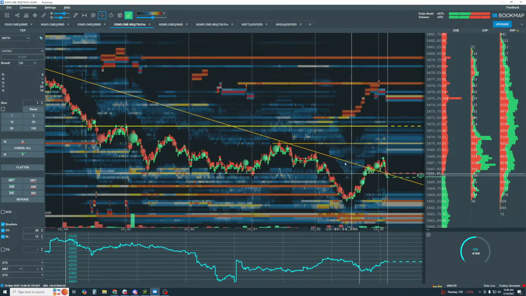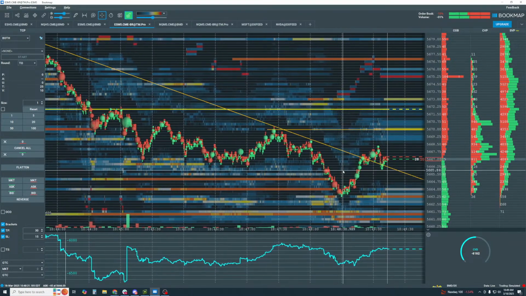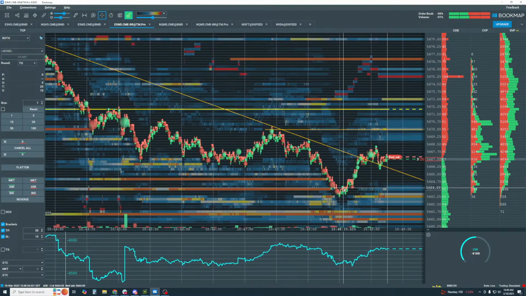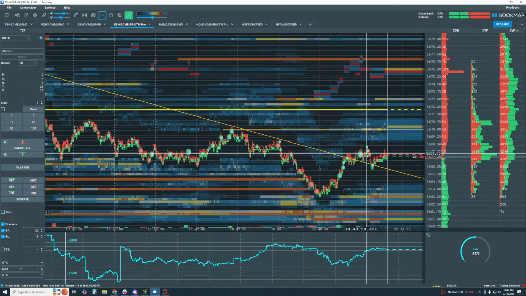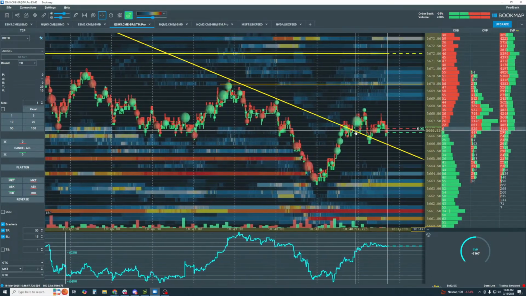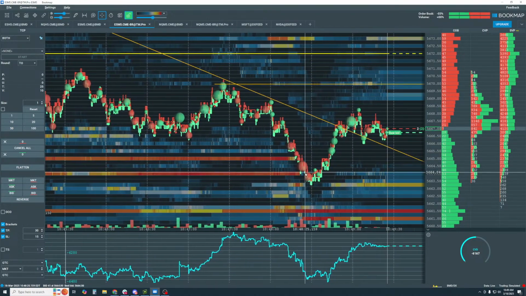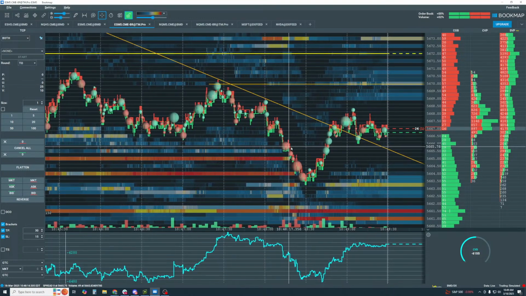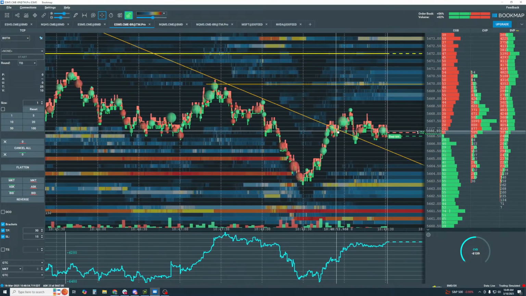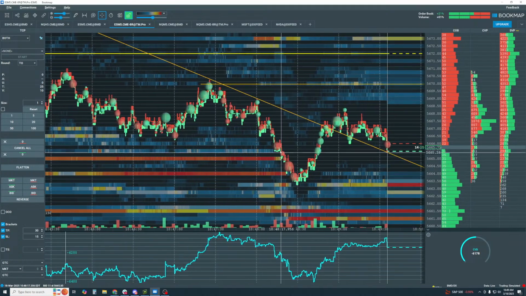Now I'm looking for a low volume pullback in this area here, except there's a few caveats. We're getting back down to low of day, and now look at the buying coming in. This is not a low volume pullback. This is back and forth right now. Look at the dots, the color, in fact, location as well. So we're seeing quite a bit of buying, and it's above this area right here.